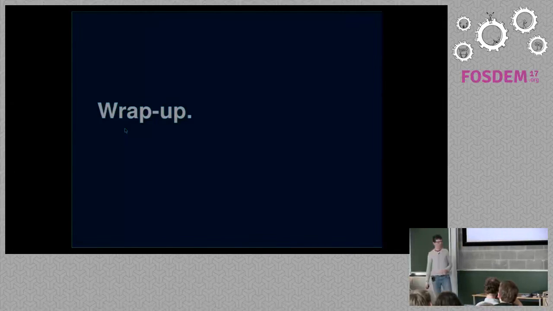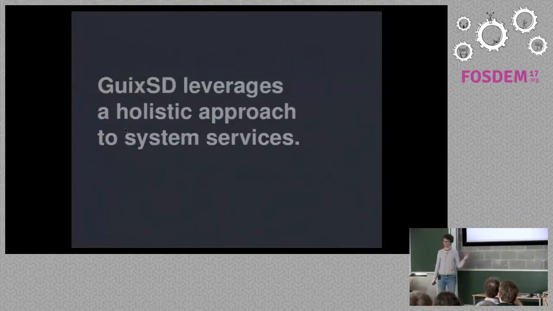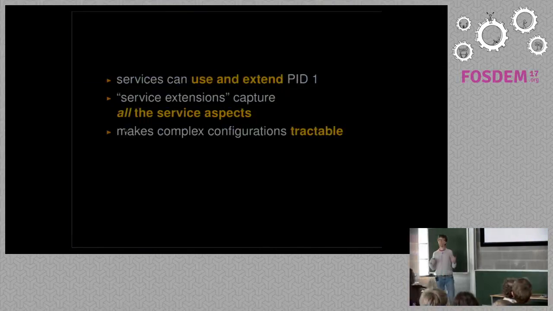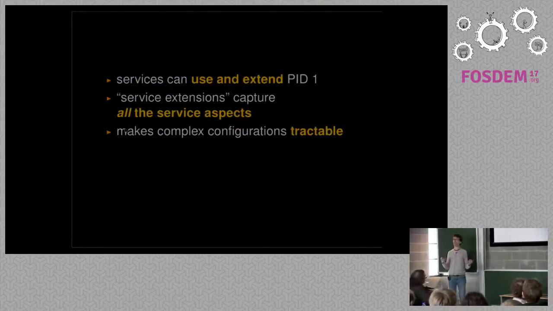So just to conclude, I think the takeaway message is obviously that we leverage a holistic approach to system services, right? So more seriously, the initial idea that essentially a systemd unit file is what a system service is turned out to be flawed, right?